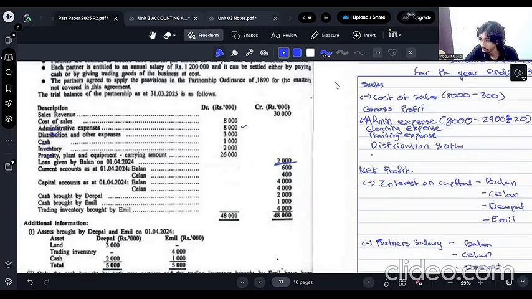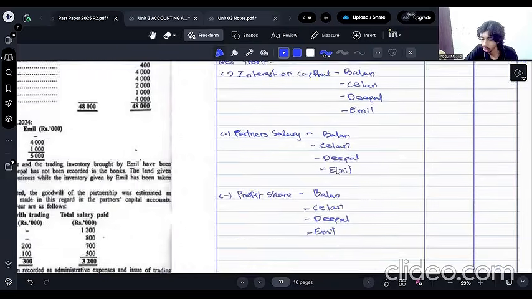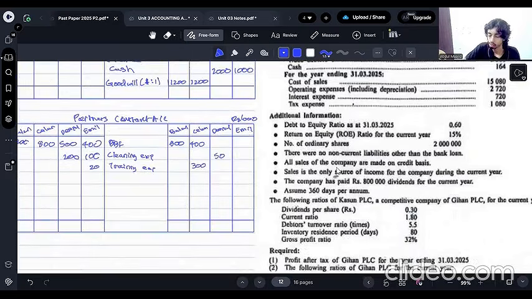Then you can say loan interest to Balan, that will be 100. And you have to record it in the current account credit side of Balan. Okay. Loan interest 100 to Balan.